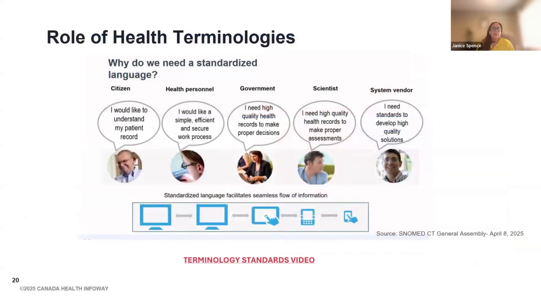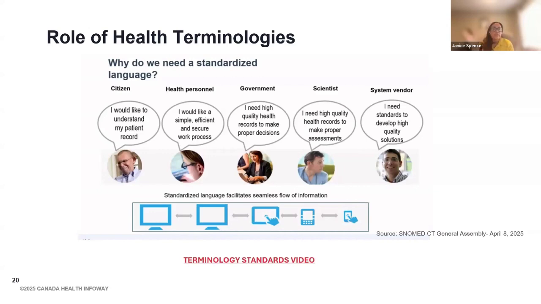So I thought this was a really good visual capture of the role of health terminologies: who is it impacting? What are the benefits? What's the value proposition for everybody in the digital healthcare landscape? This was at the recent General Assembly for SNOMED CT, where they gave a view depending on your role in the healthcare system, from the citizen who is often a subject of record or a patient, to the health personnel, government, researchers like scientists, and of course vendors.